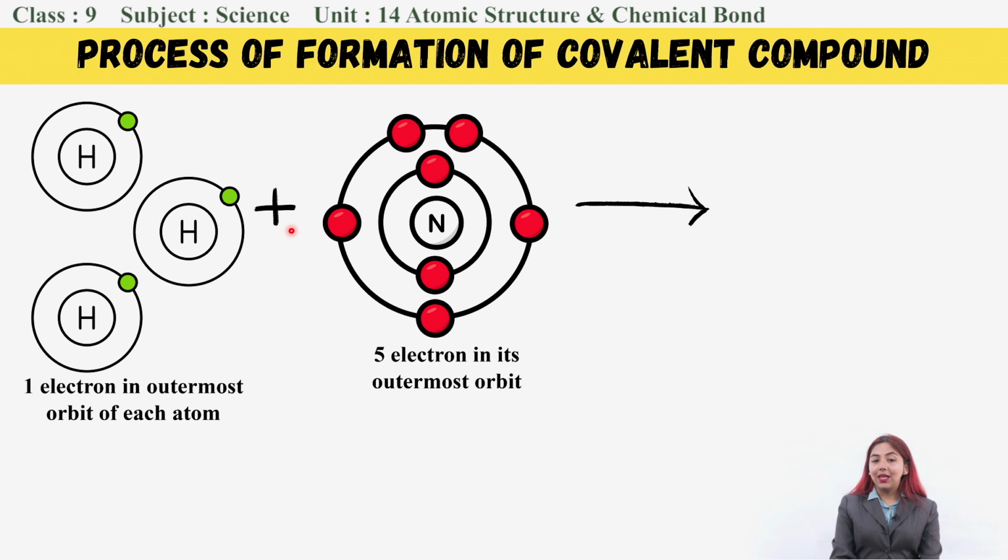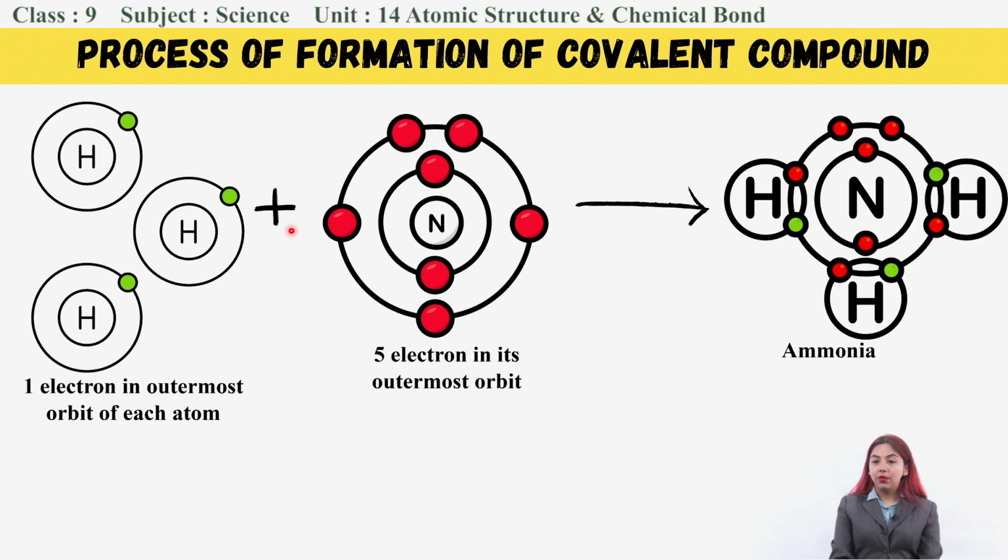So what they do is they share electrons in the outermost orbit. Each hydrogen atom shares a single electron with the nitrogen atom to form the duplet state, and similarly nitrogen also shares 3 electrons with each of the 3 hydrogen atoms to reach the octet state.